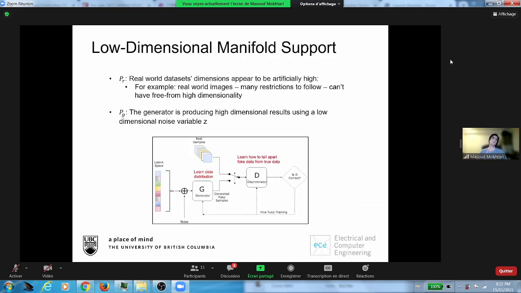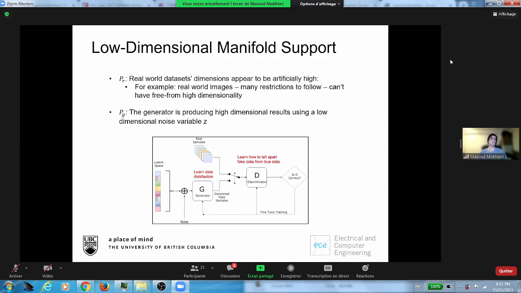Earlier I mentioned low-dimensional manifold support. So let's look more into that and see how each of the measurement metrics that I just introduced performs in such a scenario, and why the scenario is actually prevalent. Real-world data sets can appear to have artificially high dimension.